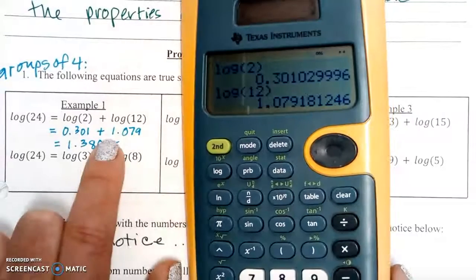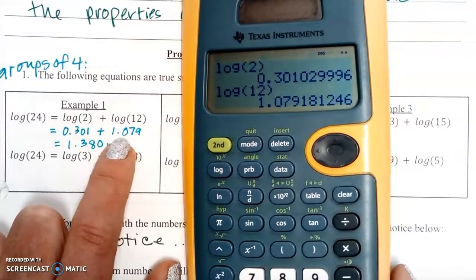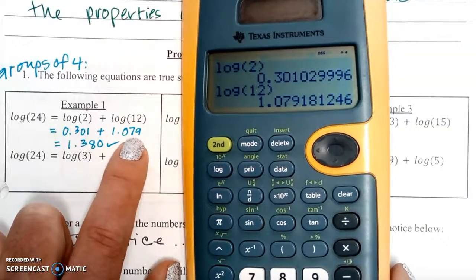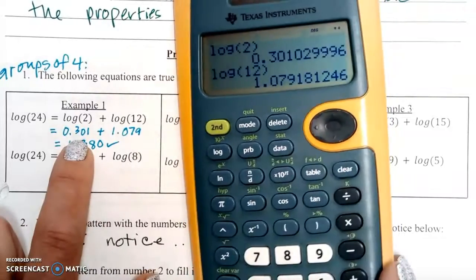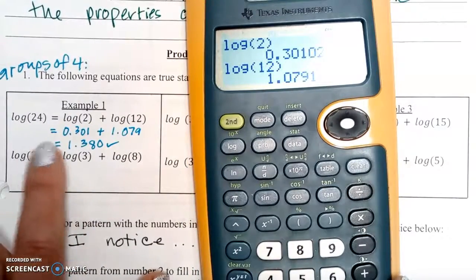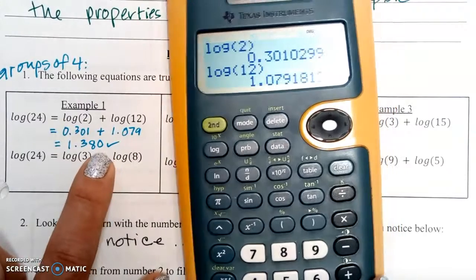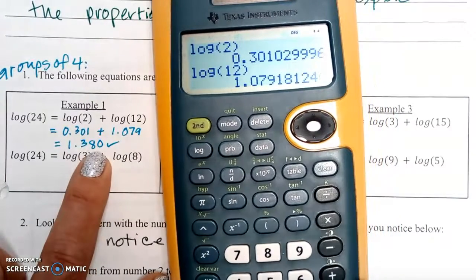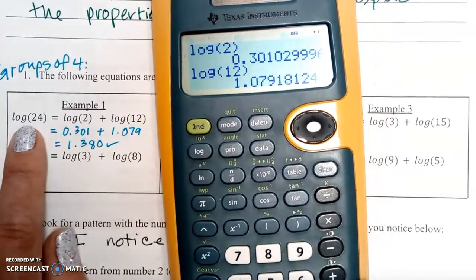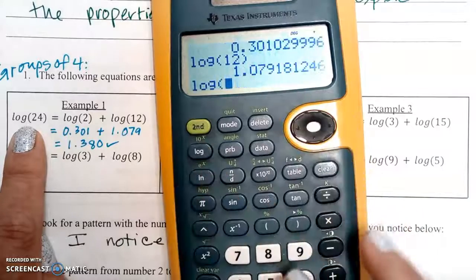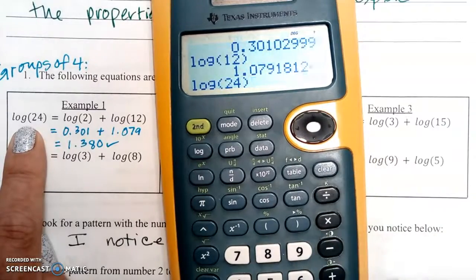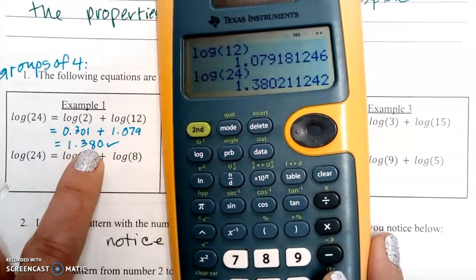and wrote down to 3 decimal places again, 1.079. If you add those 2 decimals together, you're going to get 1.380, which should be what you get when you go to find the log of 24. So the log of 24 is 1.380.